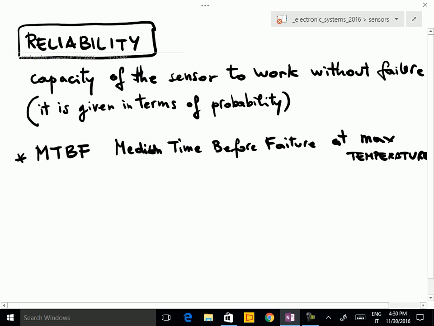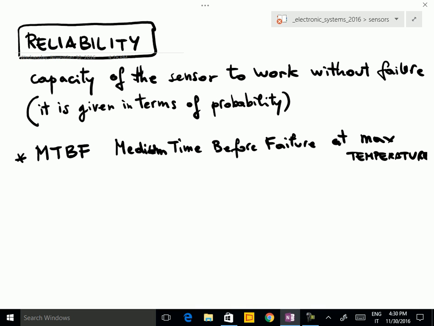This is mean, not median time before failure. It is exactly the average time that passes from the start to the failure of the sensor, and of course it is obtained from a large statistics of sensors in this case.